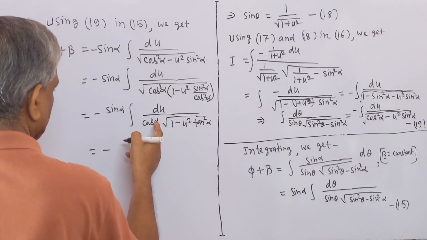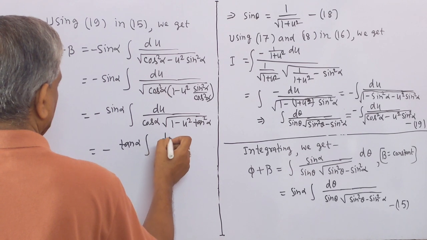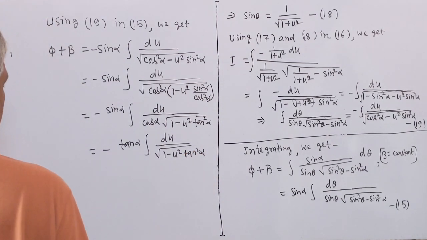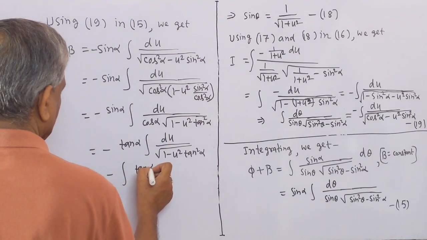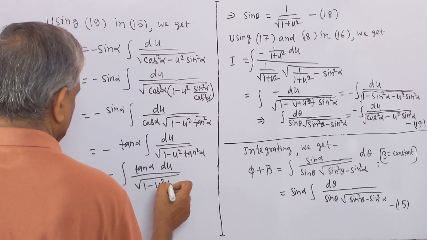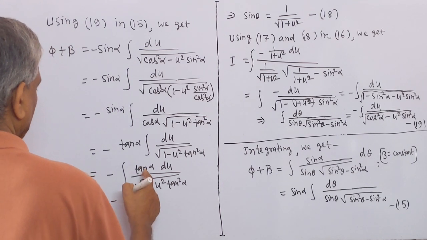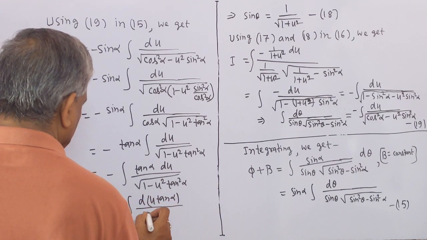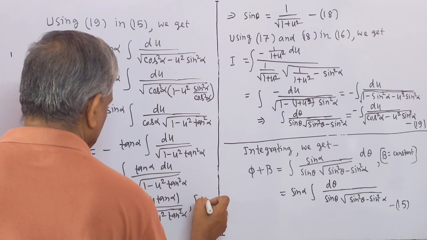Since alpha is constant, we may take this outside, so tan alpha times integration du by square root of 1 minus u square tan square alpha, equal to minus integration du tan alpha by square root of 1 minus u square tan square alpha, since alpha equals constant.